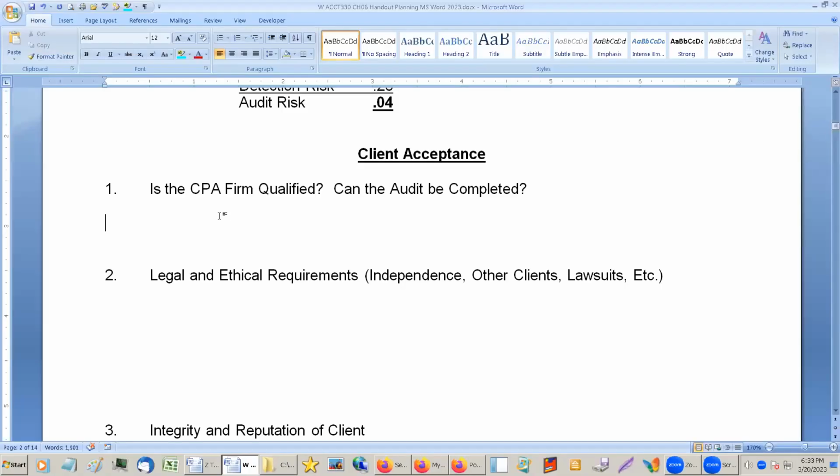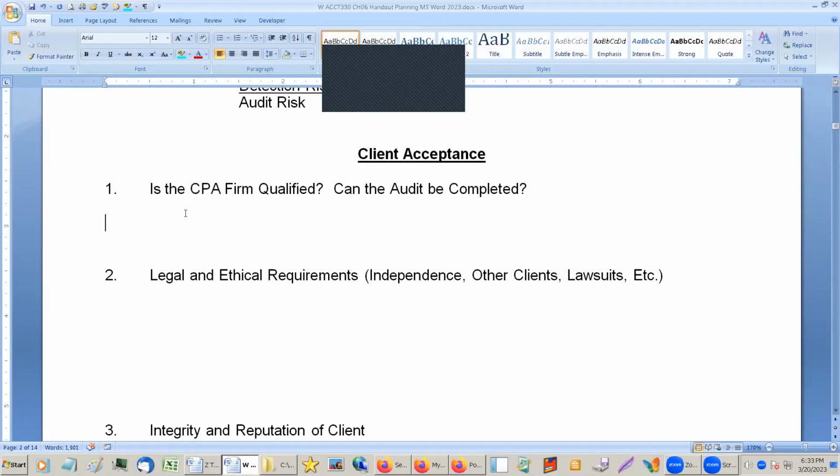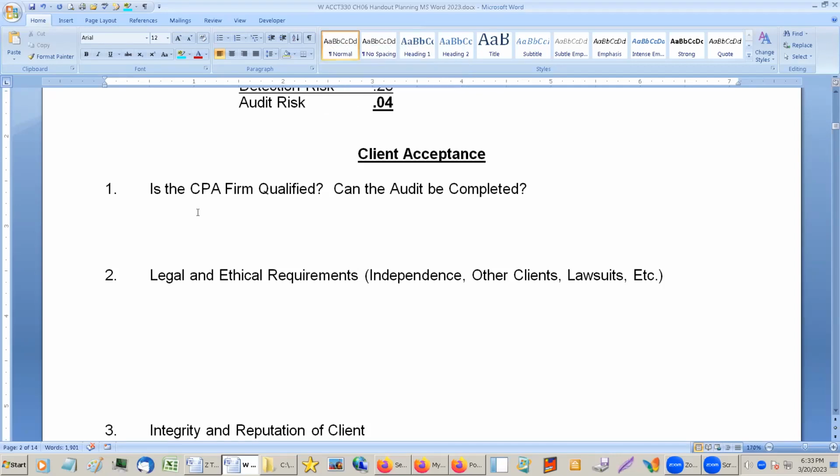Okay, so first thing, is the CPA firm qualified? Can the audit be completed? Now, depending on the different types of industry that they have, your firm may specialize in different types of audits.